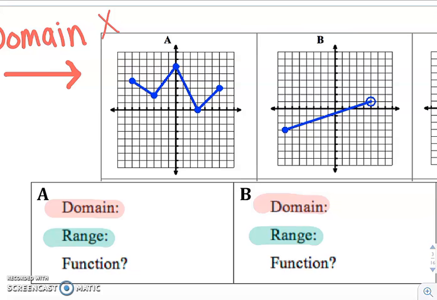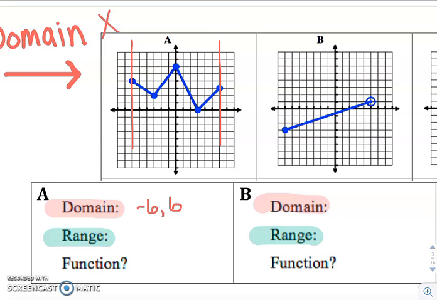The farthest left is right here at that x value, the farthest right is right there. So that farthest left x value is -6, and it goes to the farthest right, which is 6. So it's from -6 to 6.